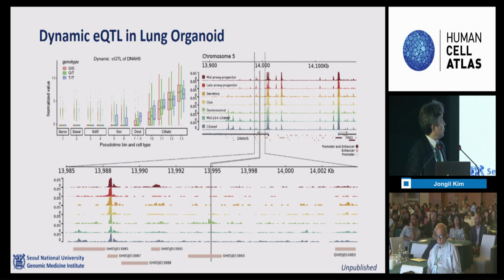Interestingly, when we compare with public single-cell ATAC data, this site is open only in the deuterosomal state. So this region is open in a specific stage of differentiation. And you can see DNAH5 is an important gene in ciliary function, so it may contribute to the function of the differentiated ciliated cells.